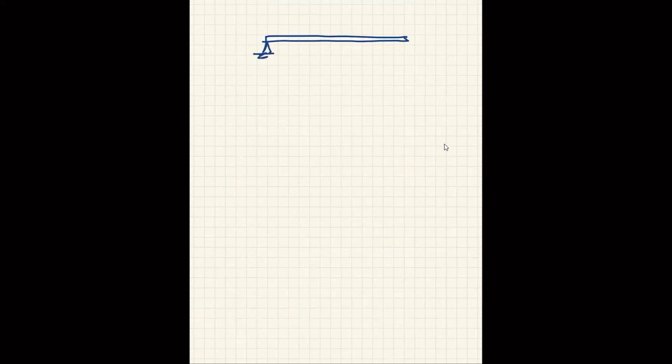Beam A, B, and C. Okay. Now I want the influence line of RB. Okay. So I'm just going to remove B back to basic.